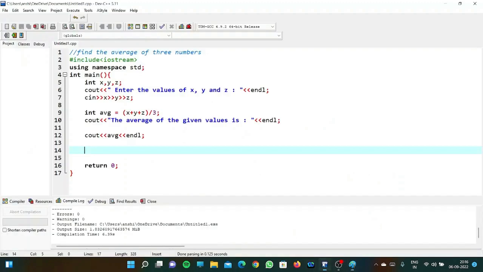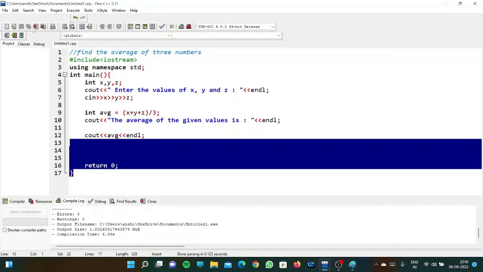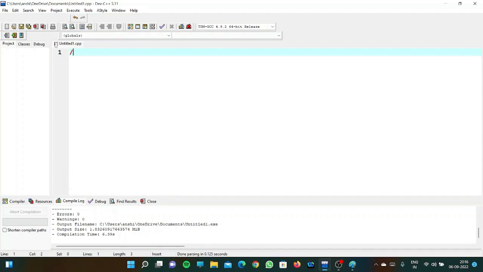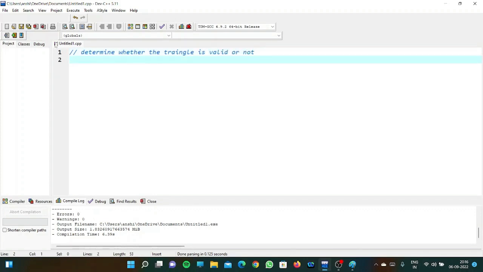Now let's start writing the code. Just remove all of this. Okay. So the question is, determine whether the triangle is valid or not.